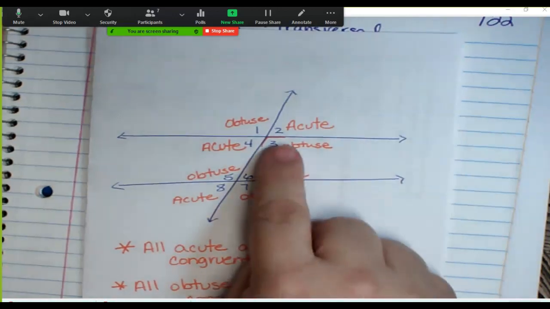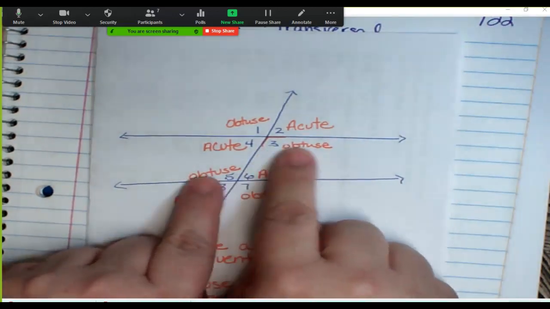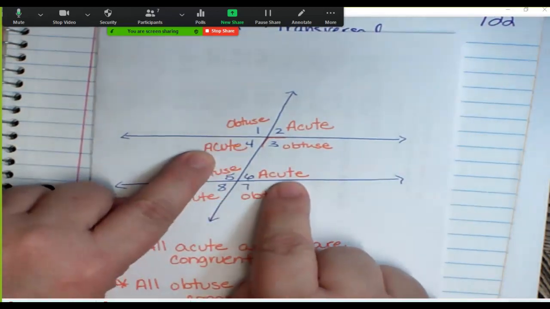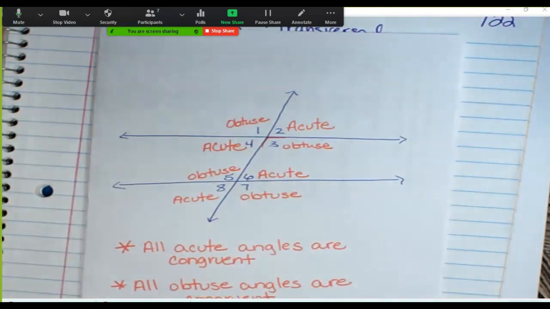Because if I use 3 and 5, they're both obtuse. If I used 4 and 6, they're both acute, so they're congruent to each other. True or false? Alternate exterior angles are congruent. True, very good. Do you see how just by labeling them with acute and obtuse, it makes it really easy?